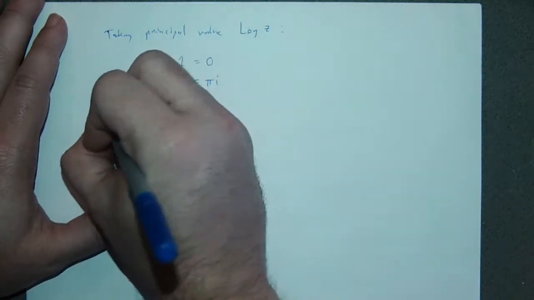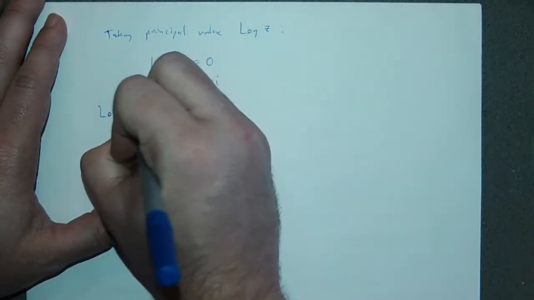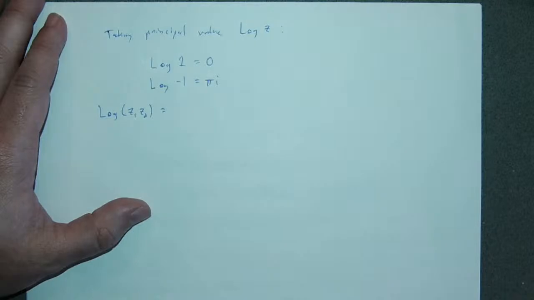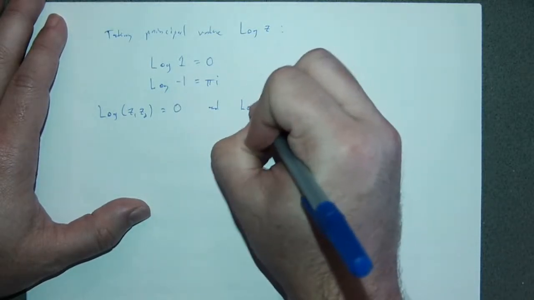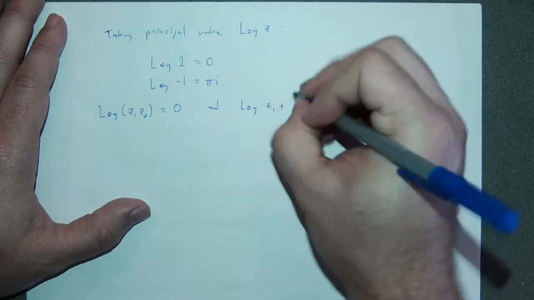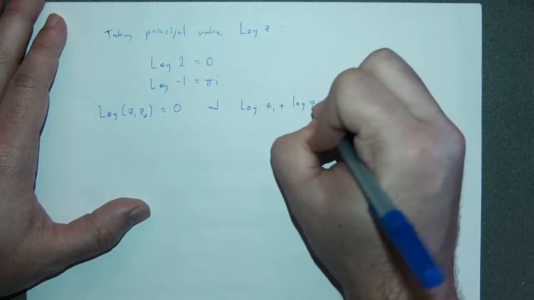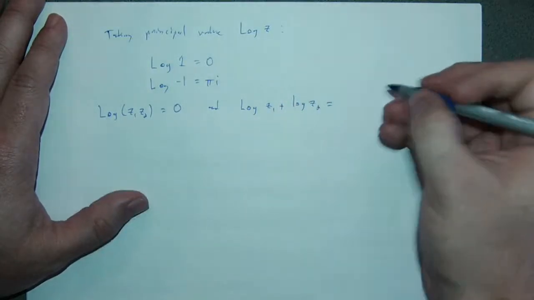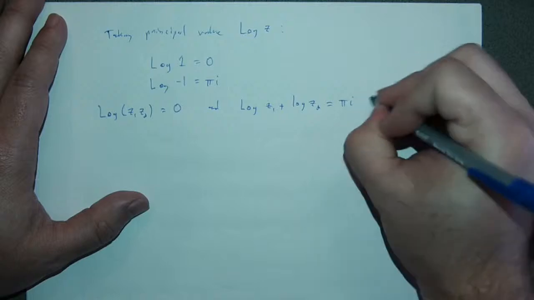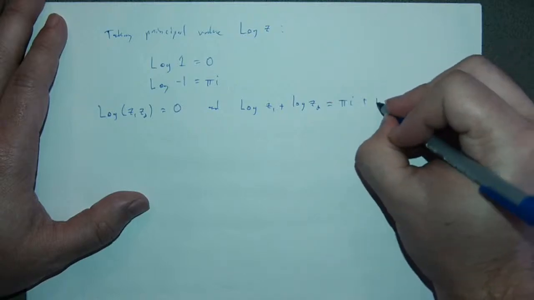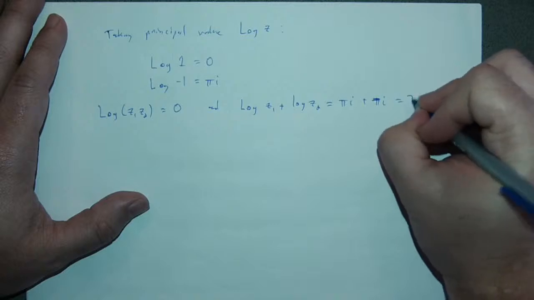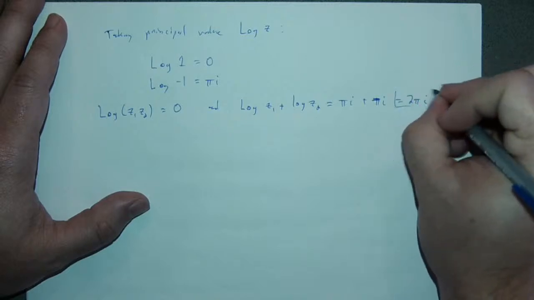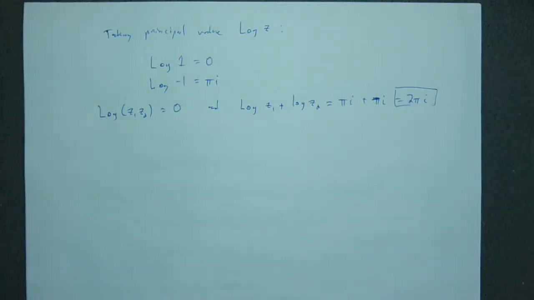So then log of z1 z2 in this example is equal to 0, and log z1 plus log z2 is equal to pi i plus pi i, right, which is 2 pi i. Okay, for the exact same numbers, z1 and z2.